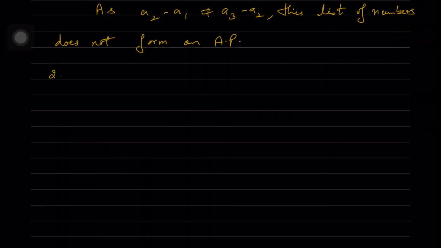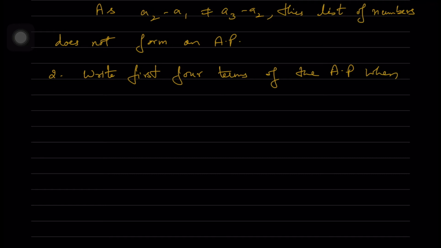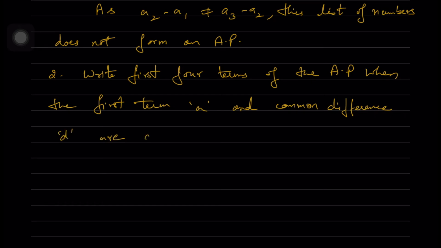Next, second question. Write the first 4 terms of the AP when the first term A and the common difference D are given as follows.